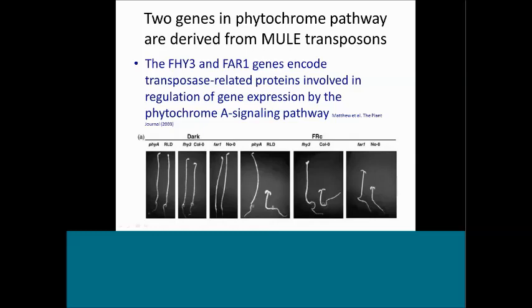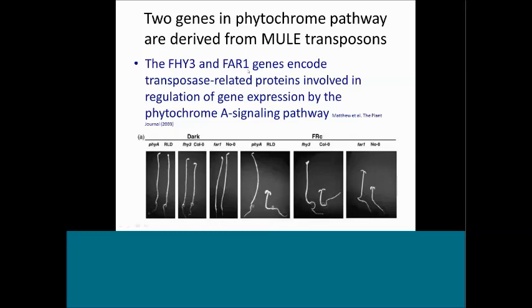For example, a plant in the dark should have long cotyledons because they want to get out to see the light. When they see the far-red light, they are not supposed to elongate. They should be short. This is the wild type. If you knock out the FHY3 gene, the plants don't see the far-red light and they still keep elongating. This indicated that this gene is a functional gene.